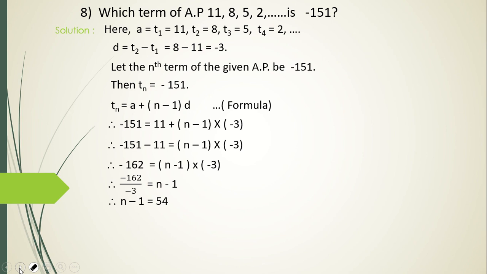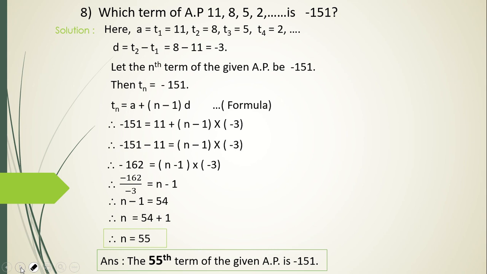So n minus 1 is equal to 54. And minus 1 goes that side, plus 1. Therefore n is equal to 55. So the 55th term of the given AP is minus 151.